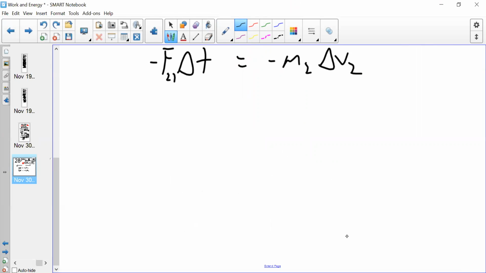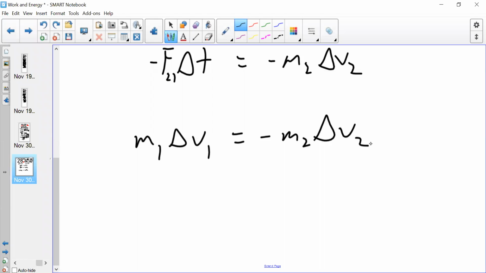Okay, so we set the change of momentum of object number 1, M1 delta V1 here. And we stretch it out because we know that delta of anything is going to be final minus initial. So we have M1 times V1 final minus V1 initial.